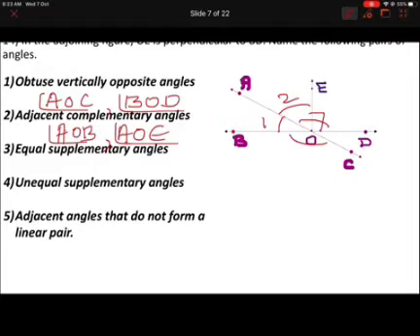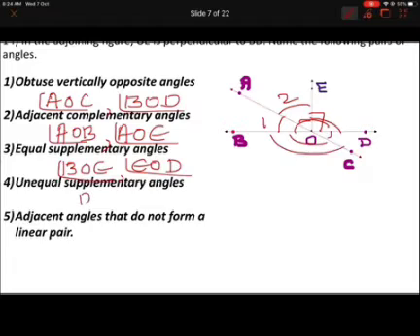Equal supplementary angles. Which are the equal supplementary angles again? They are angle BOE and angle EOD. Next, unequal supplementary angles, there are many. So you can name one of them as angle DOC and angle BOC. I hope that's clear.